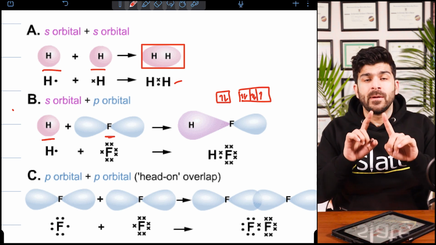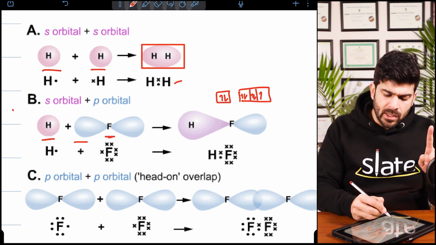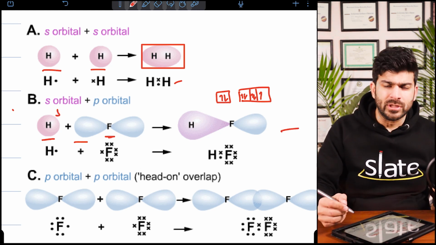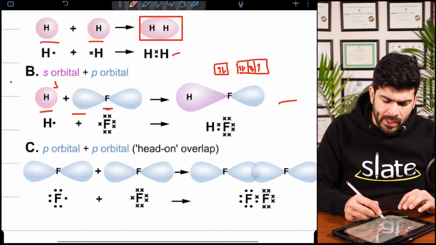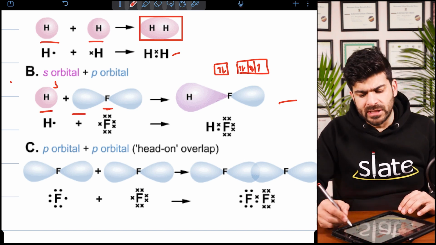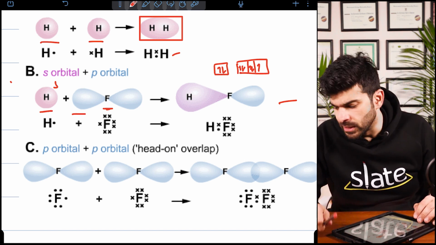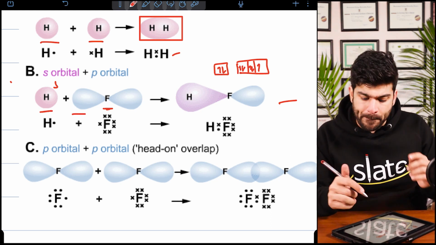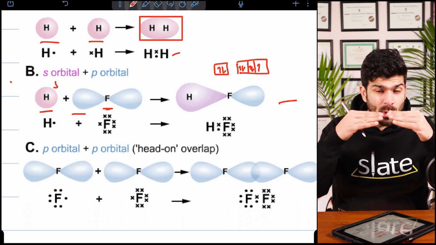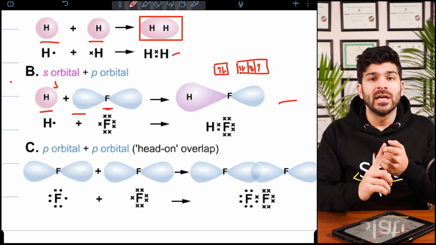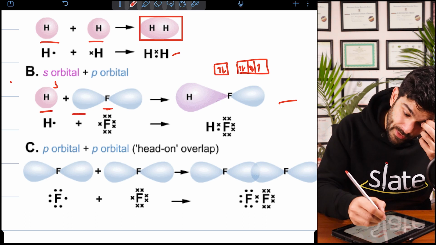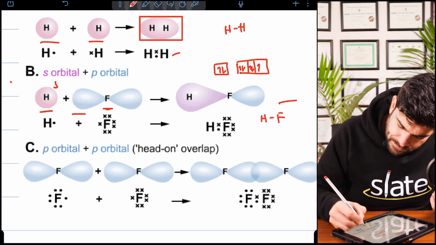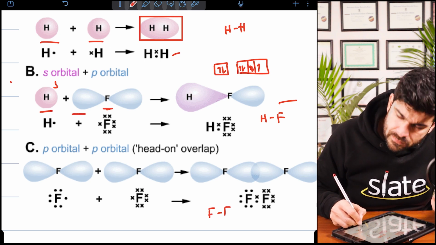So this would be a p and an s overlapping. And when we make the fluorine molecule, F2, that will be a P-P overlap, a head-to-head overlap. So these will be single bonds.